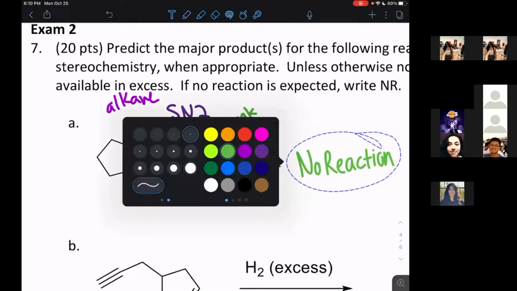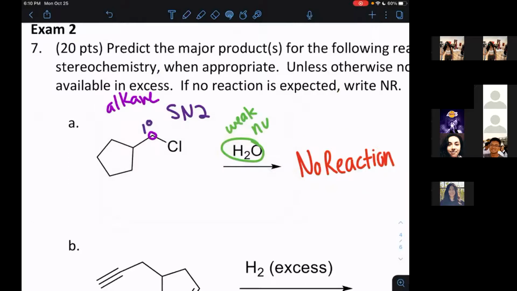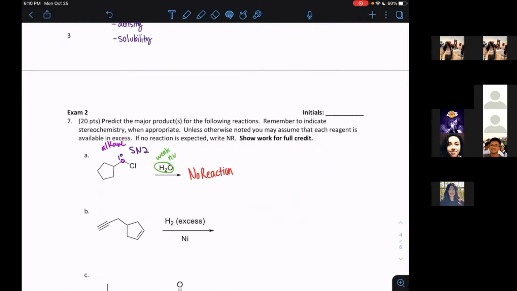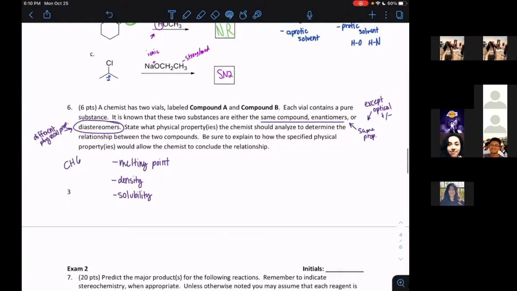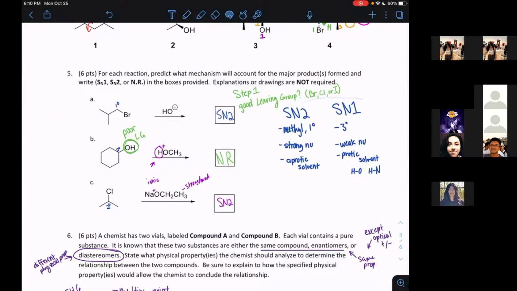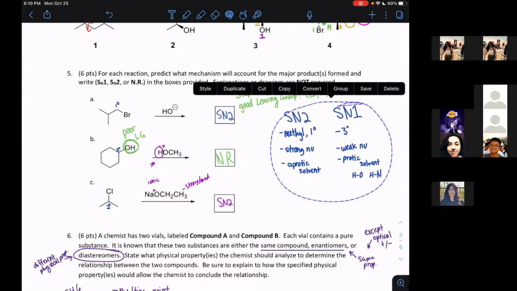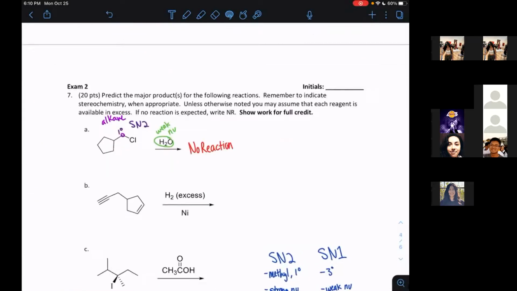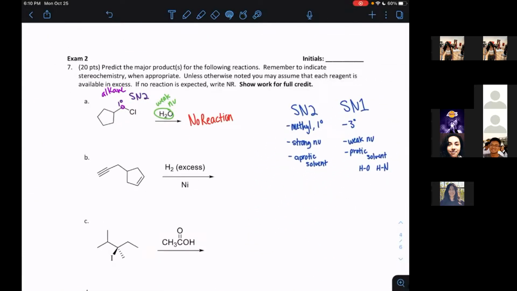But for SN2 reactions, we need a strong nucleophile, so it essentially has to have a negative formal charge. Since water is a weak nucleophile and technically only works for SN1 reactions, there would be no reaction.